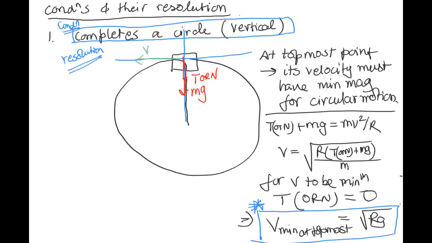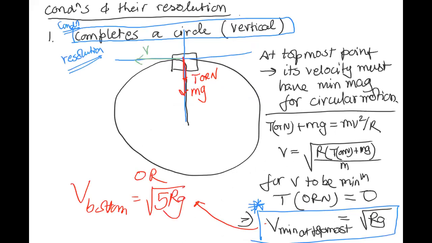What you can do now is you can say that either this is the condition for completion of a circle, or you can say that V at the bottom of the circle must be equal to root 5rg. You can say that as well. ठीक है?